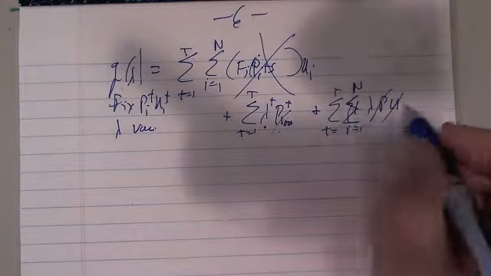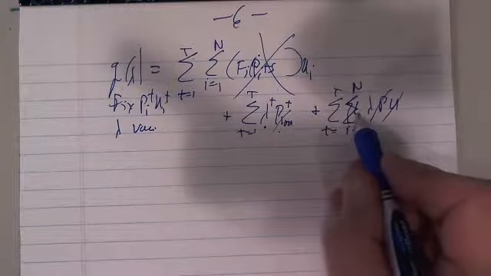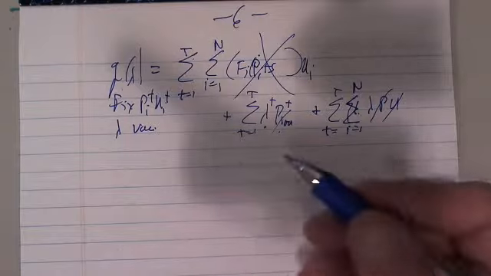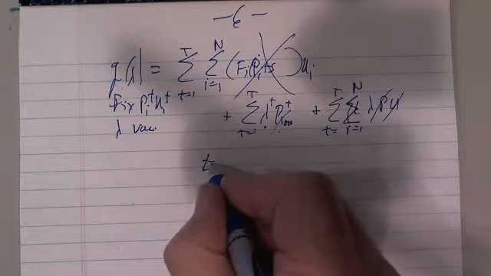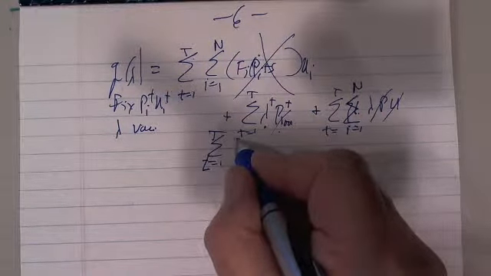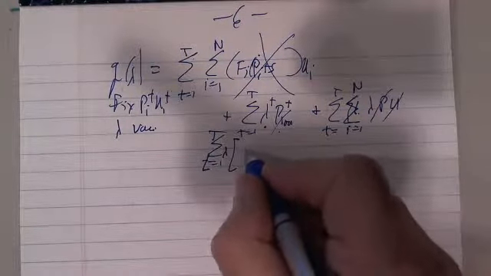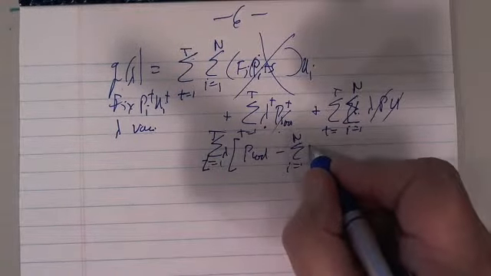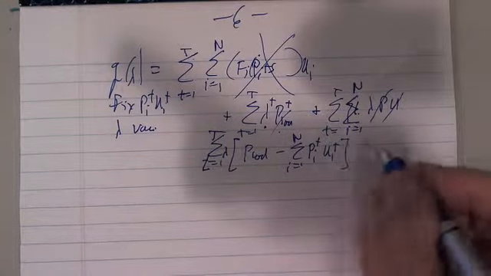So what I end up with by pulling the lambda outside here, and you notice that I have a t. So for each t, t equals 1 to T, pardon me, I have this, and I have a lambda in here, times P load minus the sum i equals 1 to n, P_i of t U_i of t, like this.